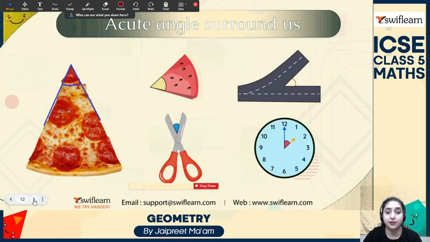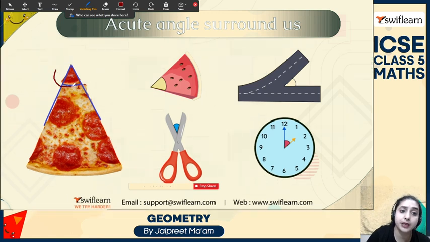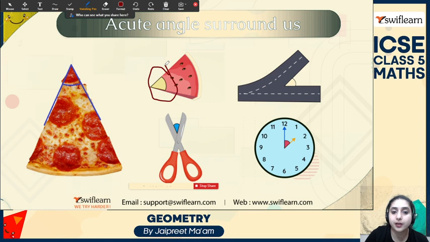Now think for yourself and see how many examples there are of an acute angle. The angle formed at the corner of a pizza is also an acute angle because it's less than 90 degrees and greater than 0. A piece of watermelon also makes an acute angle.